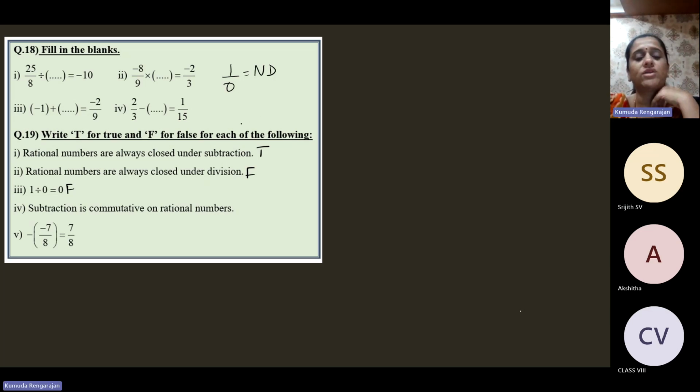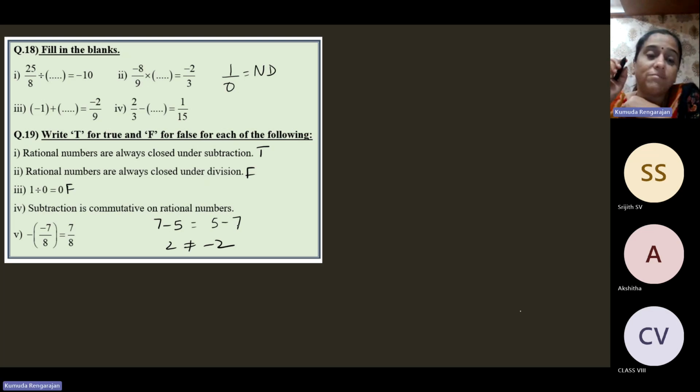Subtraction is commutative on rational numbers. True, ma'am. Okay, so see here, 7 minus 5, is it the same as 5 minus 7? No, ma'am. 2 is not equal to minus 2. So false. Subtraction is closed on rational numbers.